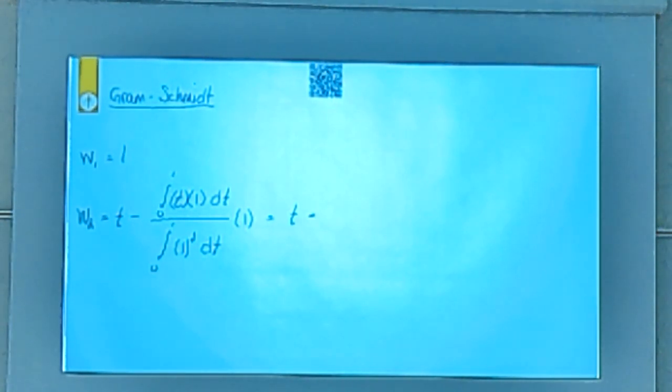Because you want the integral of this one. It's 1/2. Right? 1 squared minus 0 squared is 1 times a half. What's the integral from 0 to 1 of 1? That gives us t minus a half.